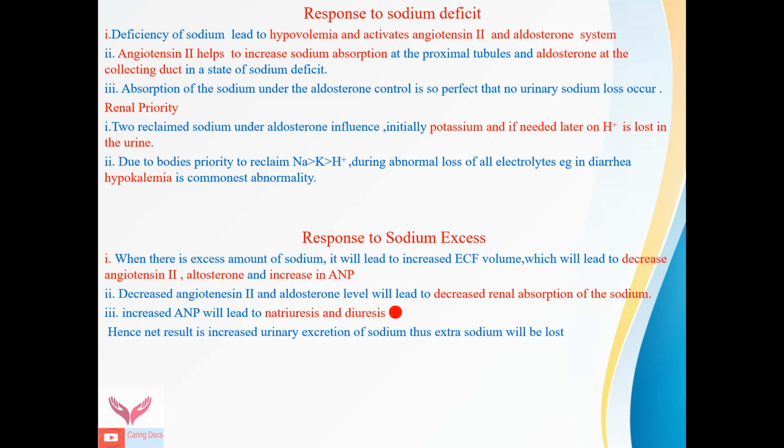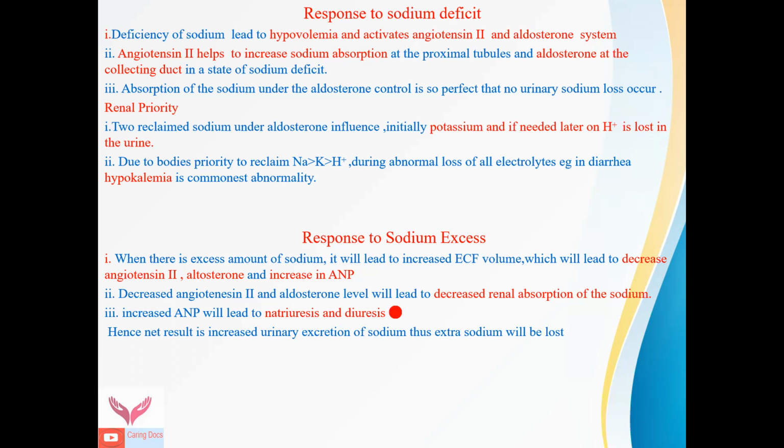The decreased secretion of angiotensin 2 and aldosterone will lead to decreased renal absorption of sodium, and because of the increased extracellular fluid, the stretching of the atria will lead to increased ANP.